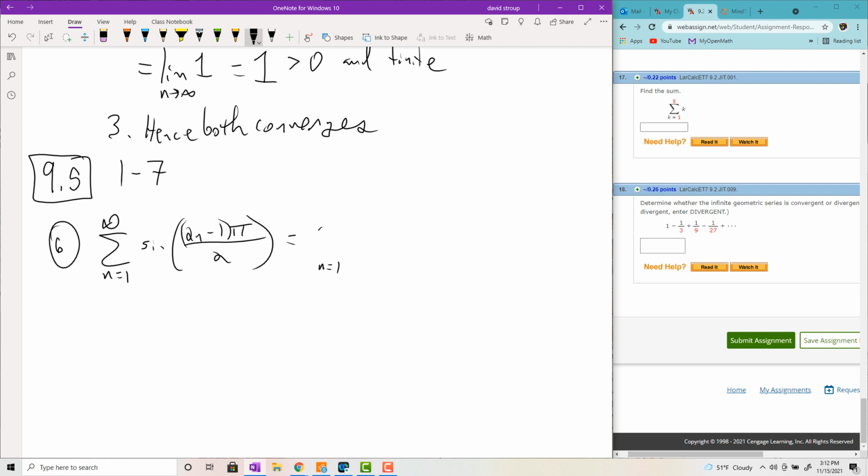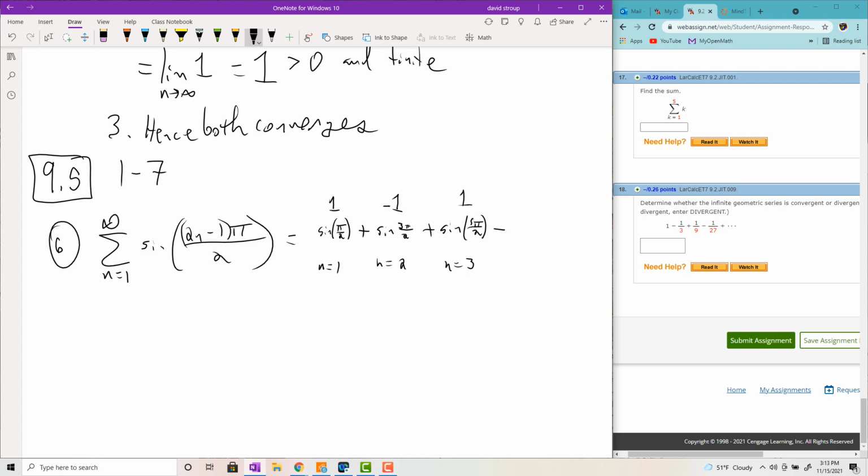Sine of pi over 2 is just 1. So the first term is 1, and then plus, n is 2: I get 4 minus 1 is 3, so sine of 3 pi over 2, in other words negative 1. And then the third term, n equals 3, gives sine of 5 pi over 2, so it goes back to 1.